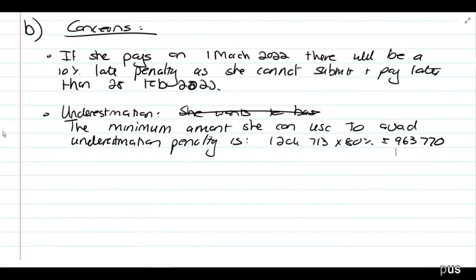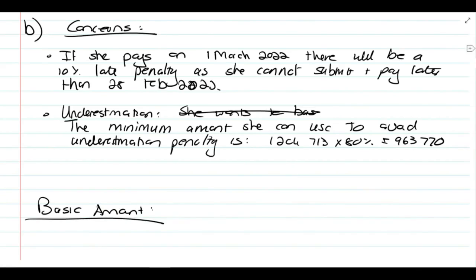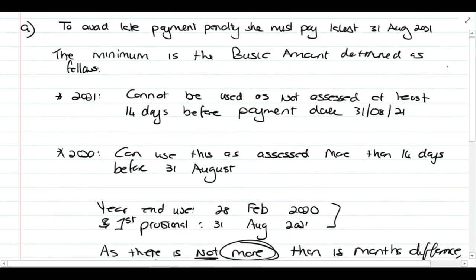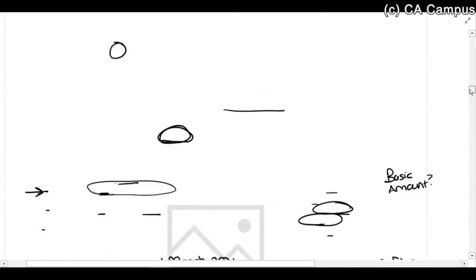Now, what is the basic amount in this case? Remember, in the previous question, part A, we already calculated the basic amount. But remember, the basic amount changes every time, so you should reconsider it every time, because you have to follow the principles determining it. We couldn't use the 2021 amount for the first provisional payment because it was not assessed 14 days or more before our payment.